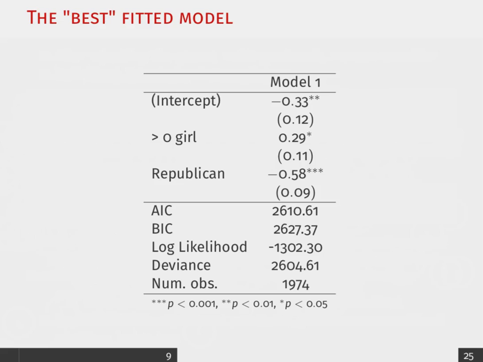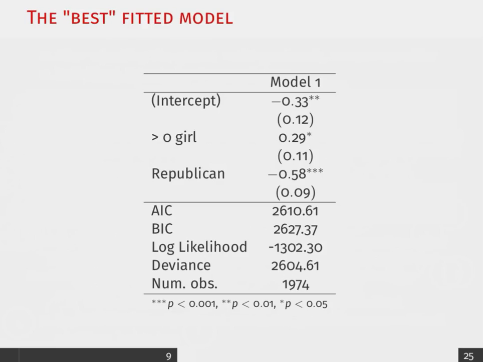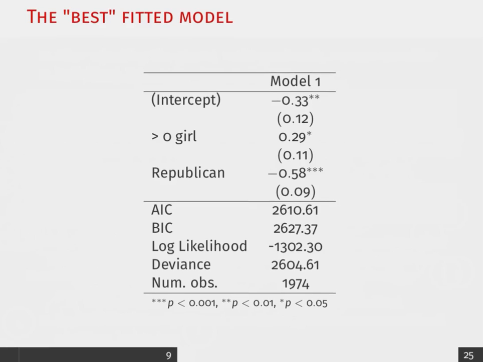And so now what's kind of interesting is both of our predictors are statistically reliable. So in the first case here, we can see that having any girls increases the propensity of individuals to decide in a feminist direction. And controlling for that, Republicans still seem to have a negative impact or a negative propensity to decide in a feminist direction.